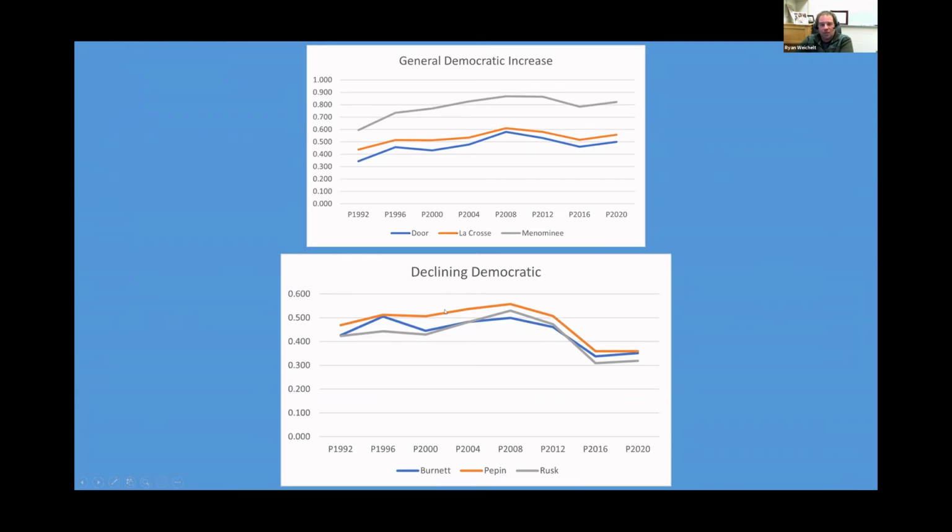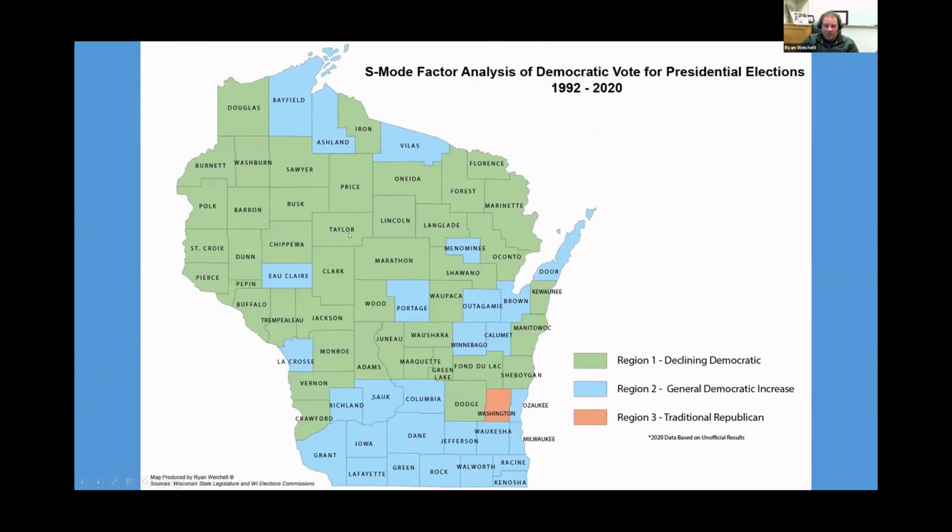So these are the top 3 counties loading in those S mode factor analysis. And again, some of these counties are very Republican, like Taylor County, and some aren't as Republican, say as Vernon County, but needless to say, they're showing this decline in Democratic support for presidential elections, versus the blue showing this slight increase.